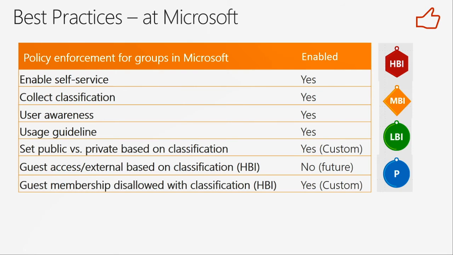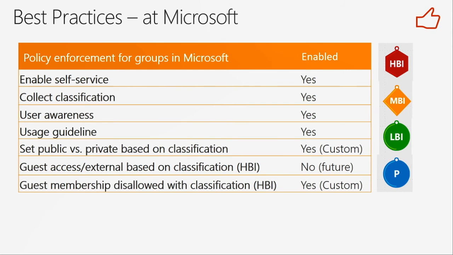And also the classification. When a user tries to create a group, they need to pick a classification for the group itself. It's a label on the group that identifies the criticality of the data. We have defined a few classifications: high business impact, medium business impact, and low business impact. The high business impact means this group has very critical data, and it can be shared only with named recipients within the organization.